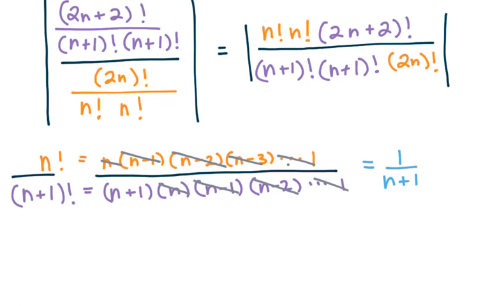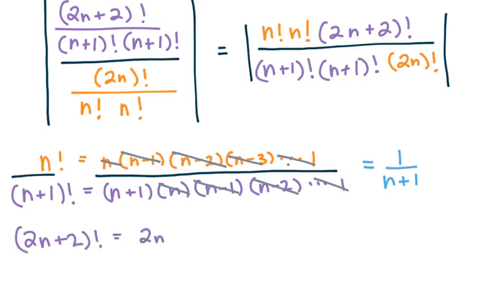Okay, so let's look at our other piece here, which is this guy. So I'm going to list out my factors for 2n plus 2 factorial. 2n plus 2 factorial.